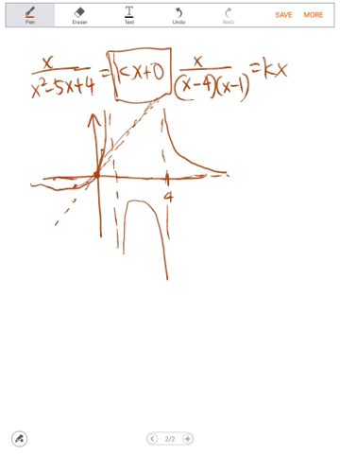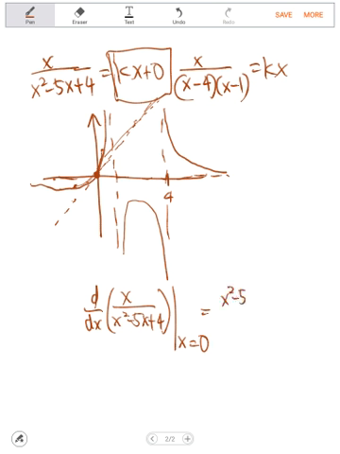So therefore, I find the gradient of this at x equals 0, the origin. Let's see what happens. For this one, I will use the quotient rule: keep the bottom and differentiate the top, minus keep the top and differentiate the bottom, over the square of the denominator.